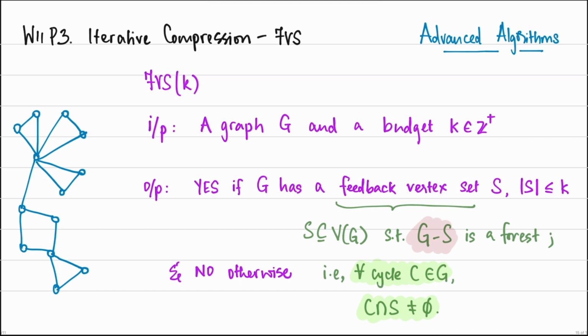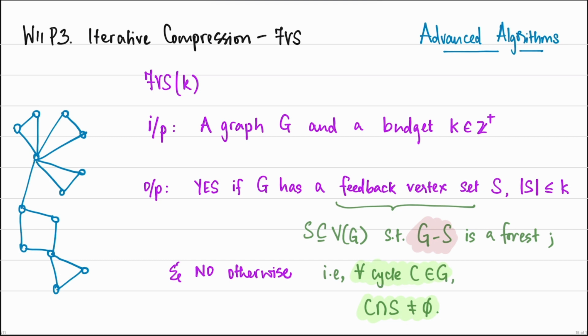So the largest that FVS can be is basically the entire vertex set almost, right? And the smallest it can be is the empty set. So the value of the optimal feedback vertex set of a graph ranges between 0 and n minus 2 if you have simple graphs.